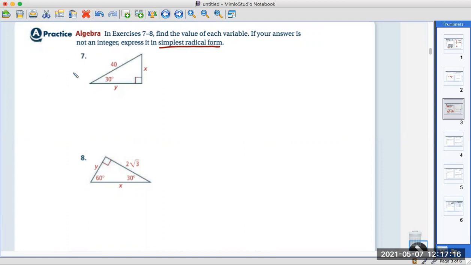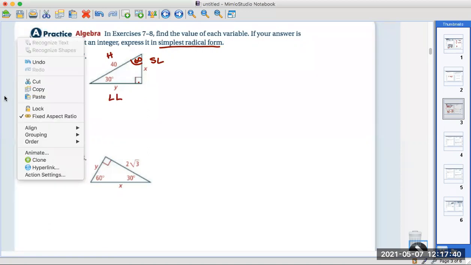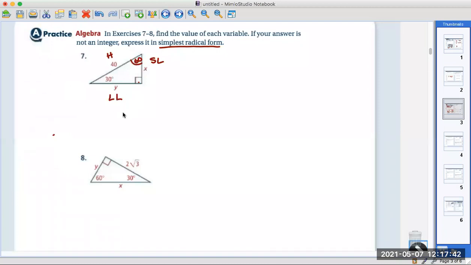This is your hypotenuse, I'll put an H. This is the longer leg, and this is the short leg. This angle here is not given, so it's got to be a 60 because 30 plus 60 plus 90 is 180. If they're only giving you 2 angles, you can find the third one easily. We've done that many times, right?